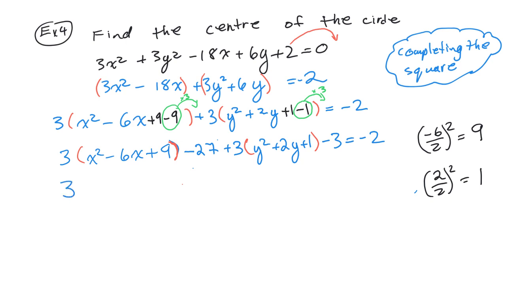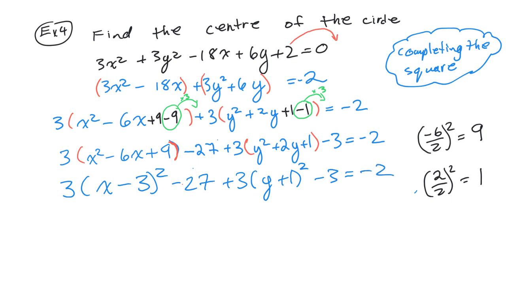So now we're left with 3 times x squared minus 6x plus 9, and that actually turns into the following. Because we've completed the square, this is just x minus 3 squared, minus 27, plus 3 times y plus 1 squared, minus 3, equals negative 2.